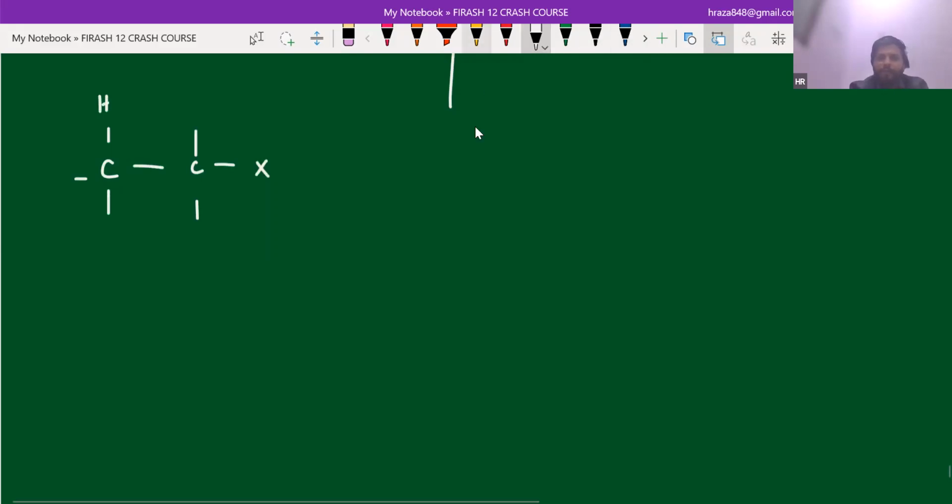Right. Now I'm going to explain. Since X is more electronegative, what will it do? It will take electron from carbon and it will be negative. Now, carbon will have a deficiency of electron. So this carbon will support this carbon. In what way? Carbon is more electronegative, so it will take electron from this hydrogen and make a bond with this carbon.